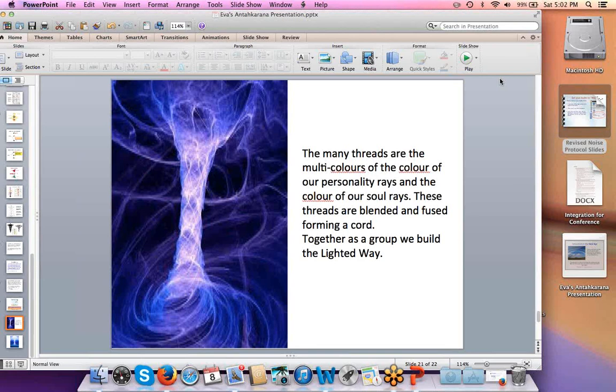So we are taking step by step, inch by inch, a forward direction of building that Antahkarana. At the personality level, if nothing else, all we need to know is that these are the treasures that we take with us for the next incarnation. These are the treasures we've built into ourselves that we bring with us for next time around.